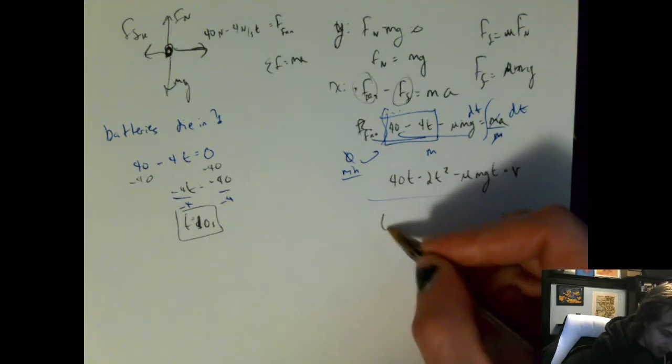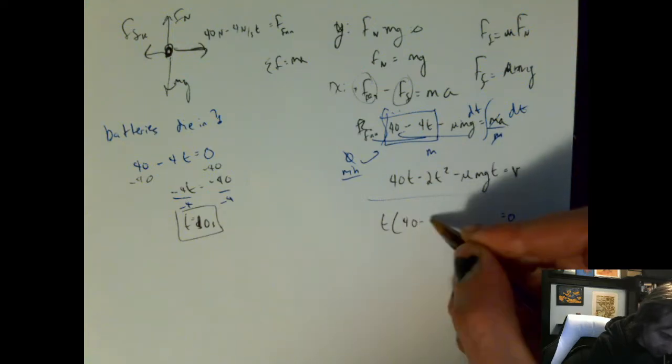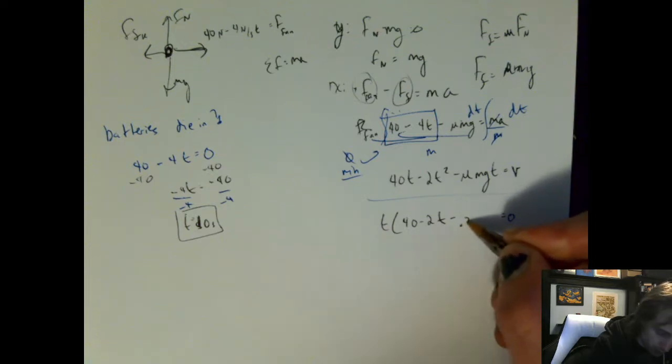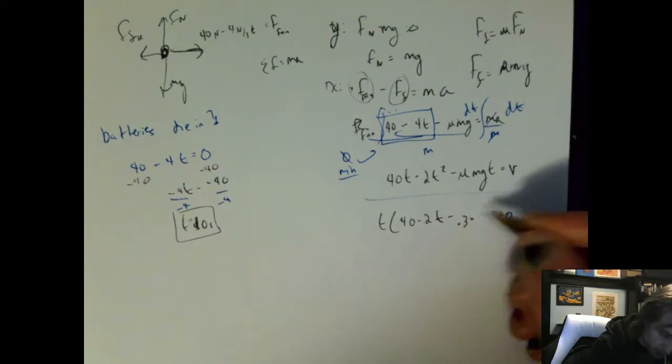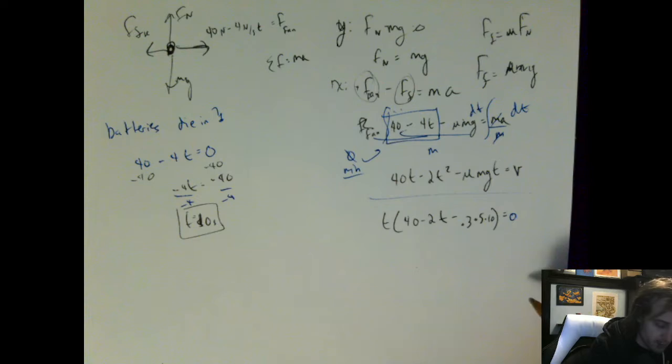So we're trying to solve for time. We can factor out a t because every term's got a t in it. So we'll have 40 minus 2t minus mu mg, which is 0.3 times 5 times 10. And that'll get us our time until it stops.